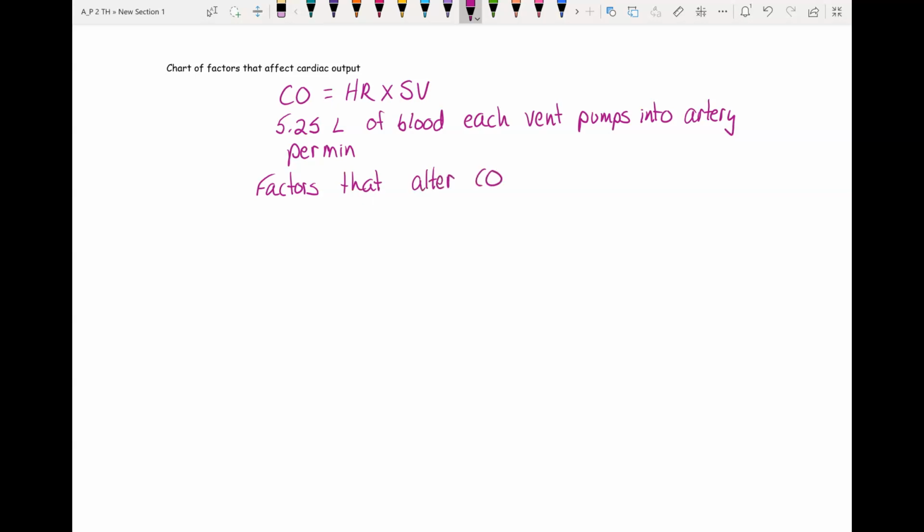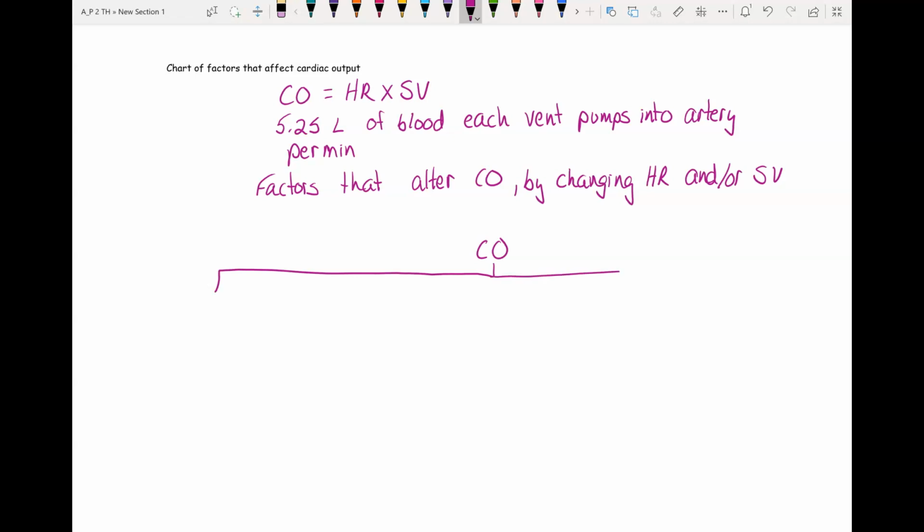And since cardiac output is heart rate times stroke volume, you alter it by changing the heart rate and or the stroke volume. So really our chart is going to be about things that can affect heart rate and things that can affect stroke volume. So we're going to have cardiac output here at the top.